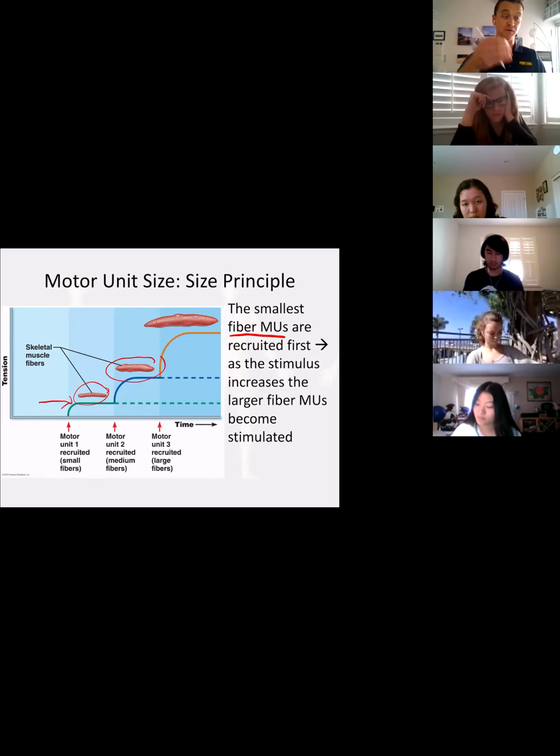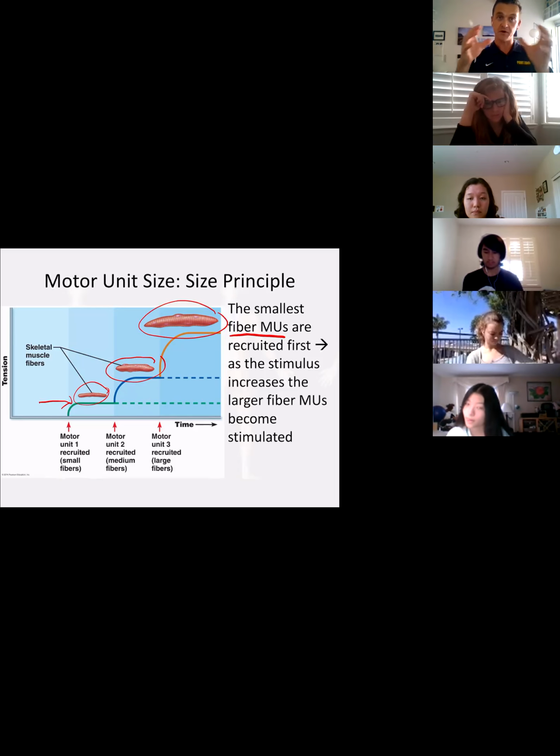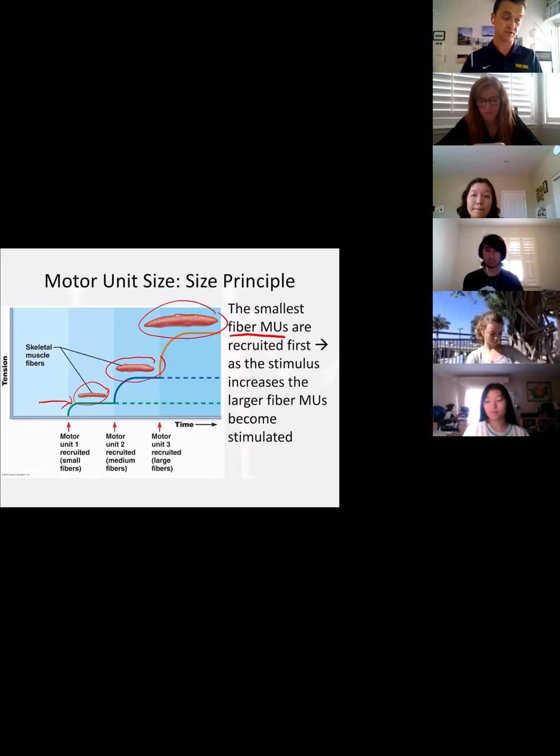And then as we get our full, strong stimulus, we'll start contracting the ones that have the largest muscle cells. So it's really a combo of how many motor units are contracting and how big the muscle cells are within those motor units. As we go up in stimulus strength, we increase both: more motor units contracting and bigger muscle cells contracting.